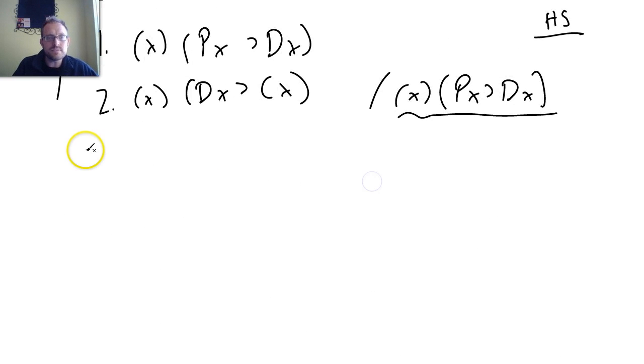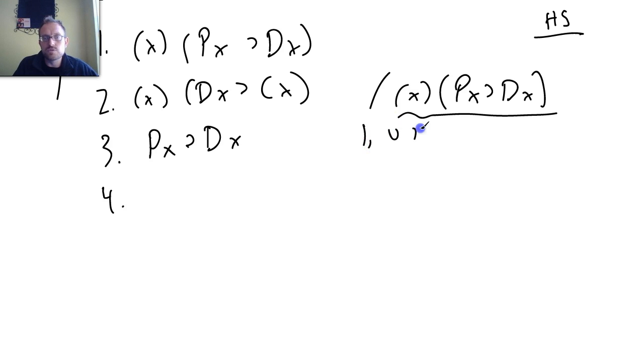We have to instantiate both of these first. So we're going to end up with Px then Dx, and I'm just going to stick with x. It doesn't matter what variable I use. That's line 1, universal instantiation, and then Dx then Cx, line 2, universal instantiation.